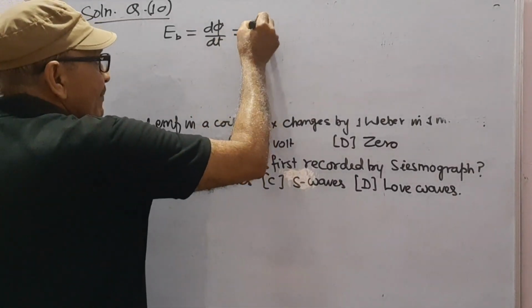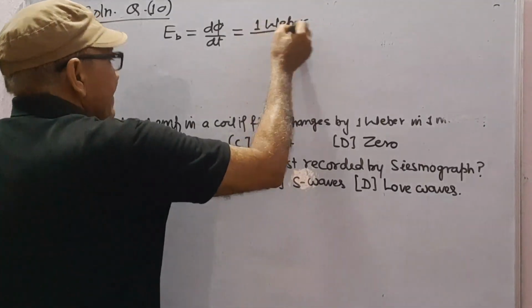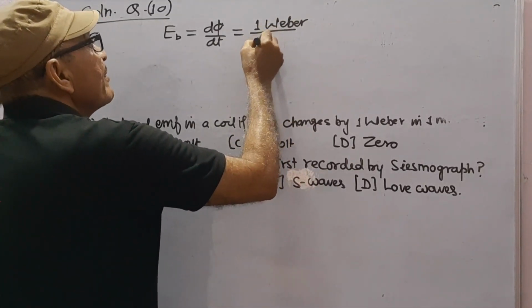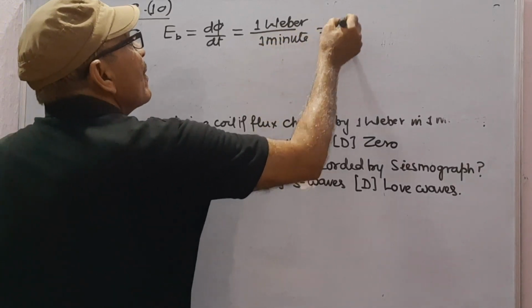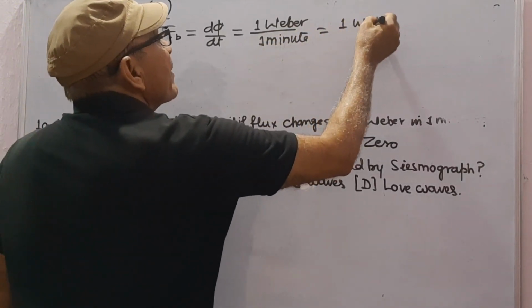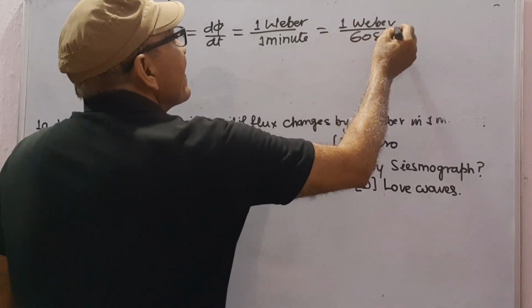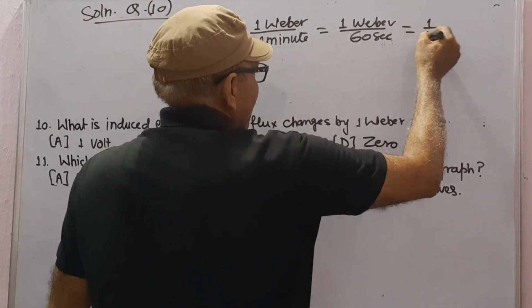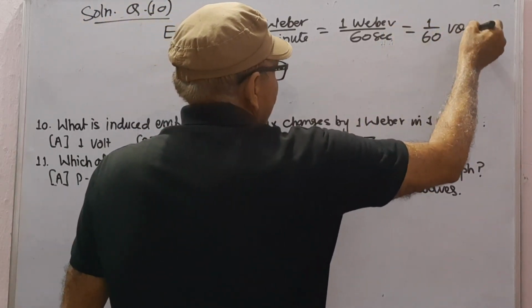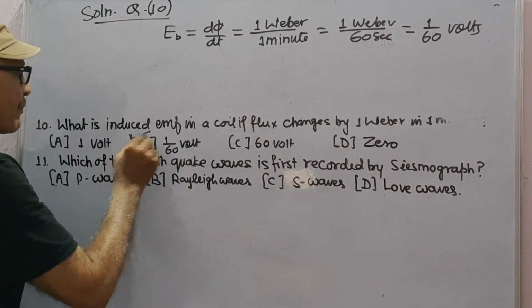Here magnetic flux change is 1 Weber and time is 1 minute. So 1 Weber upon 60 second, and Weber upon second is volt. This is 1 upon 60 volts. Therefore, the correct option will be B.